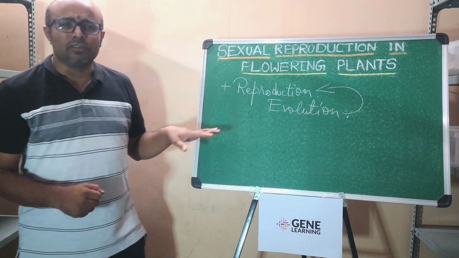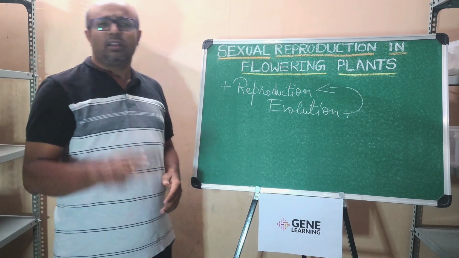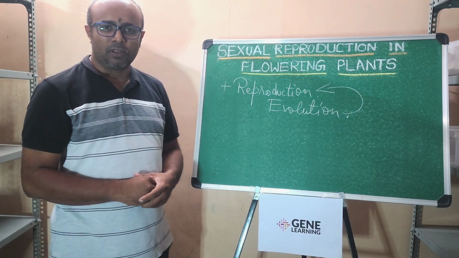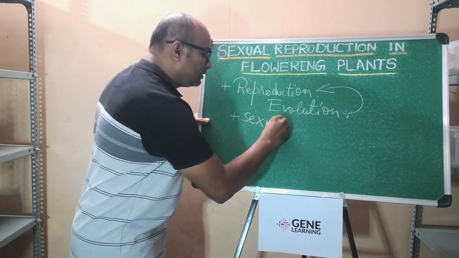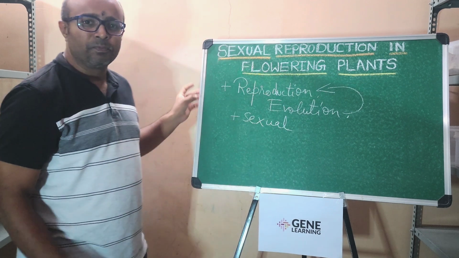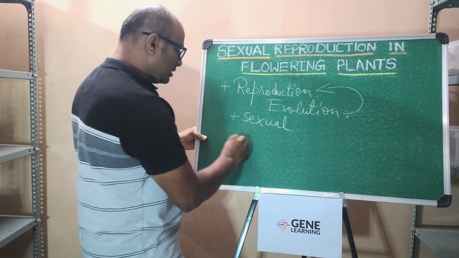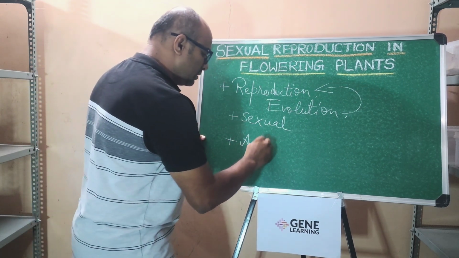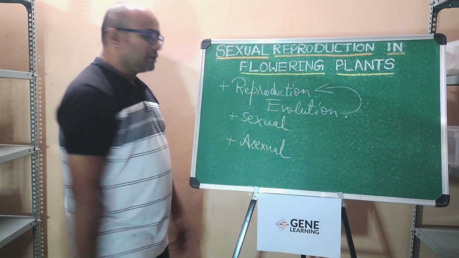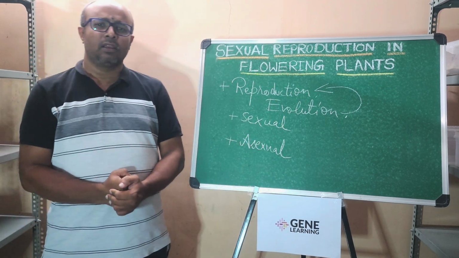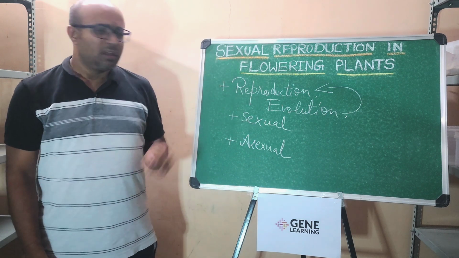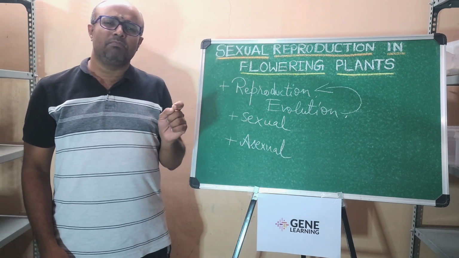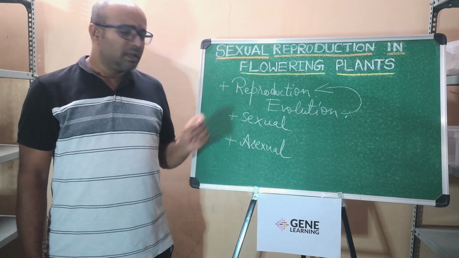Now, reproduction, as we all know, has two types. One is sexual reproduction, and then there is asexual reproduction. Now let's talk about sexual reproduction. Let me clear one point to you.